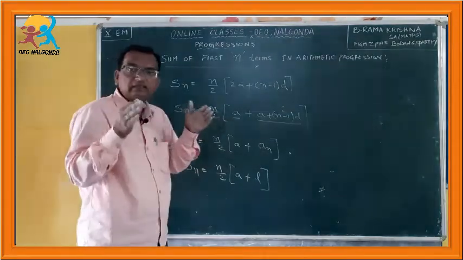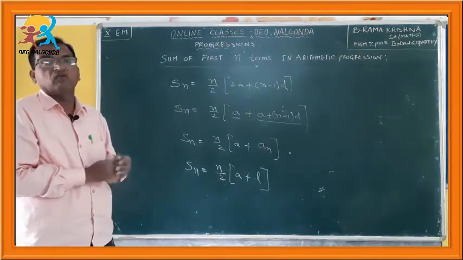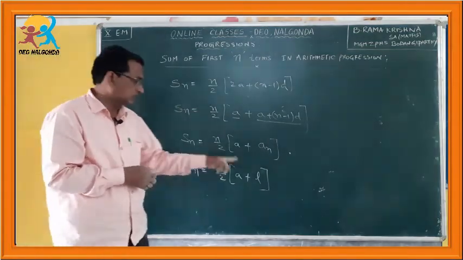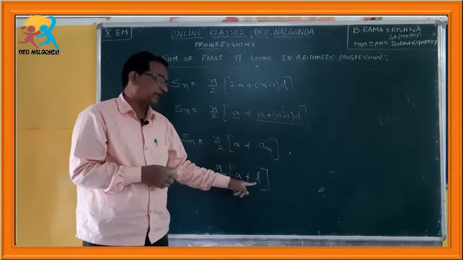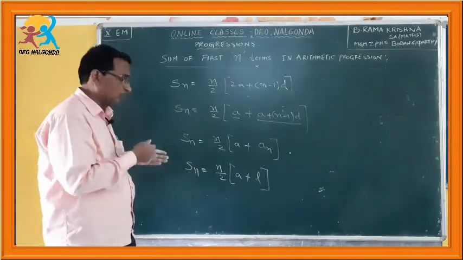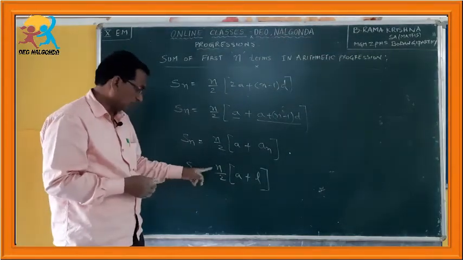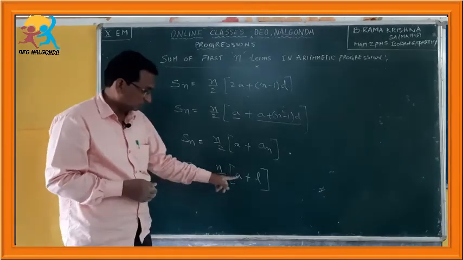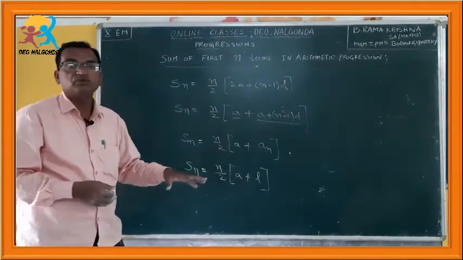If there are only n terms in an arithmetic progression, the nth term becomes the last term, so we can replace it by L. If you know the number of terms, the first term and the last term, you can easily calculate the sum to n terms.